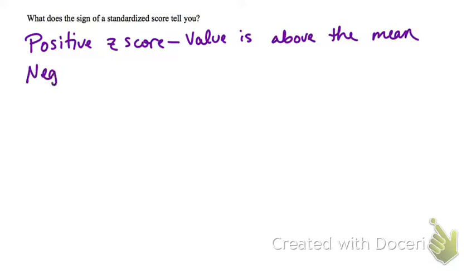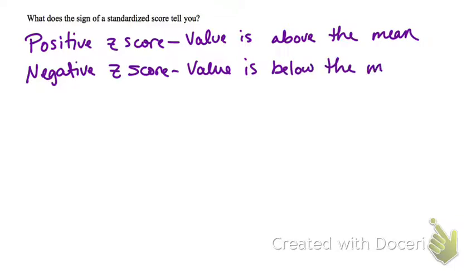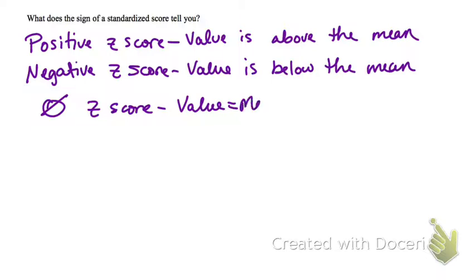A negative Z-score means that the value is below the mean. And a 0 Z-score means that the value equals the mean.